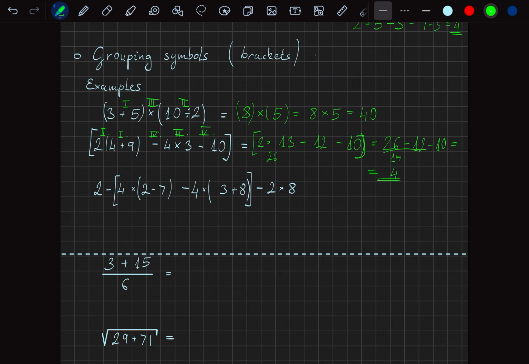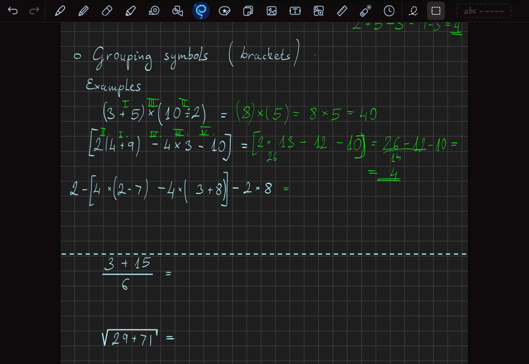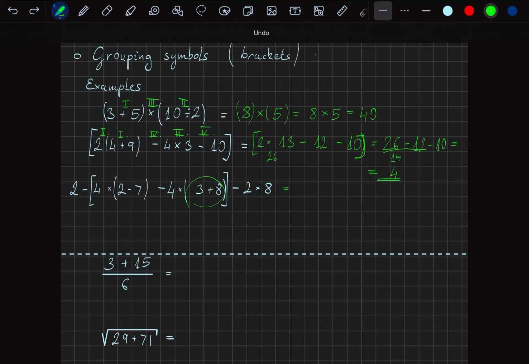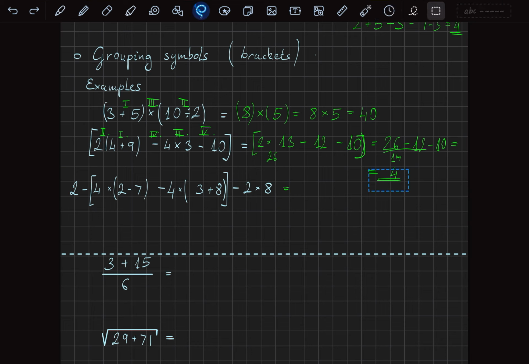Okay, bracket in the bracket again. So we will start to work out the inside. Every time if you have a bracket in the bracket, we start with the bracket inside the bracket. Okay, so this and this. So first I will just calculate the brackets. I will make a little place here. Just like this.